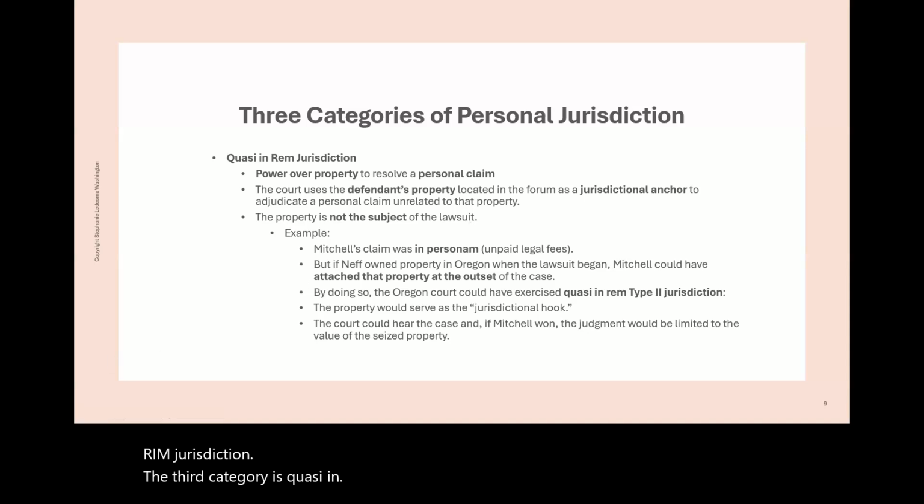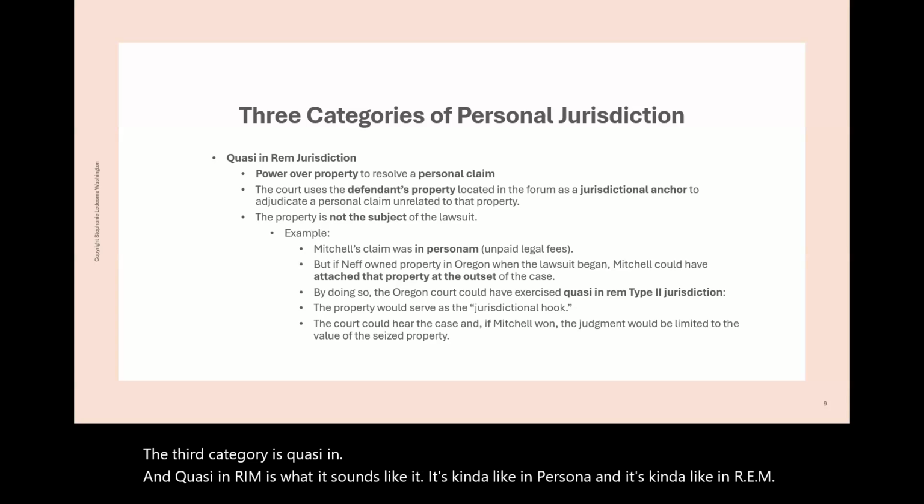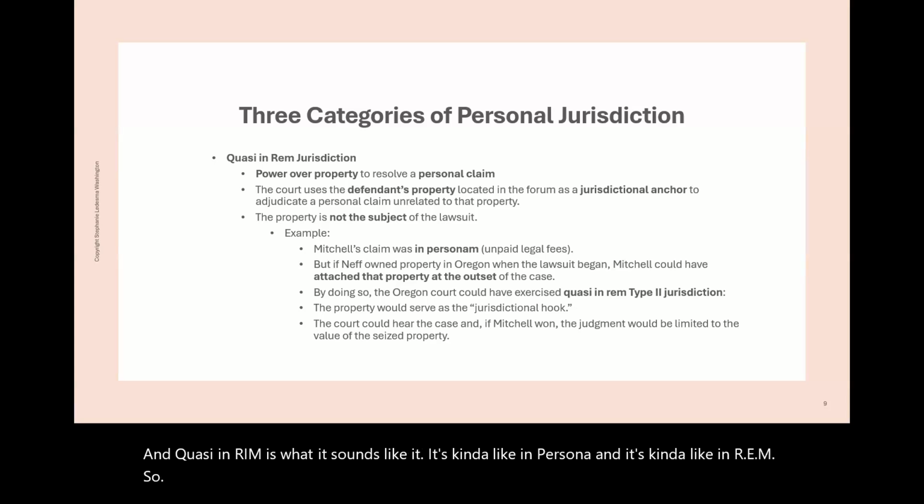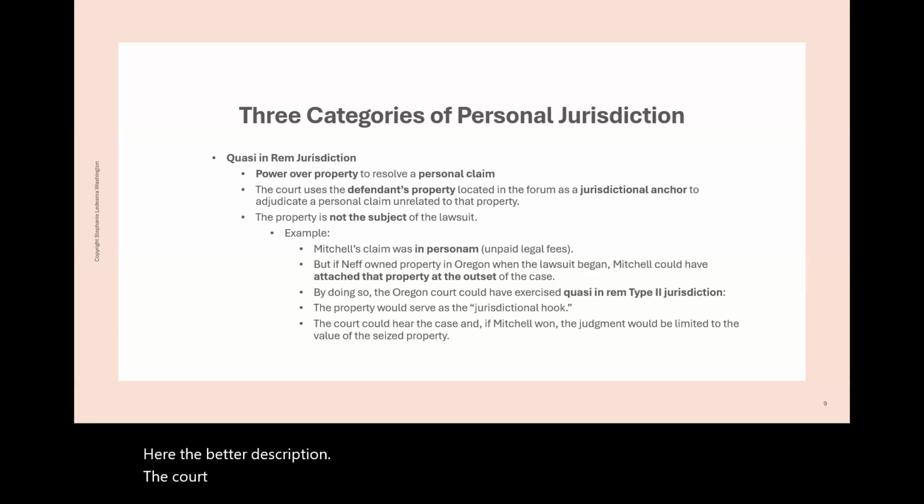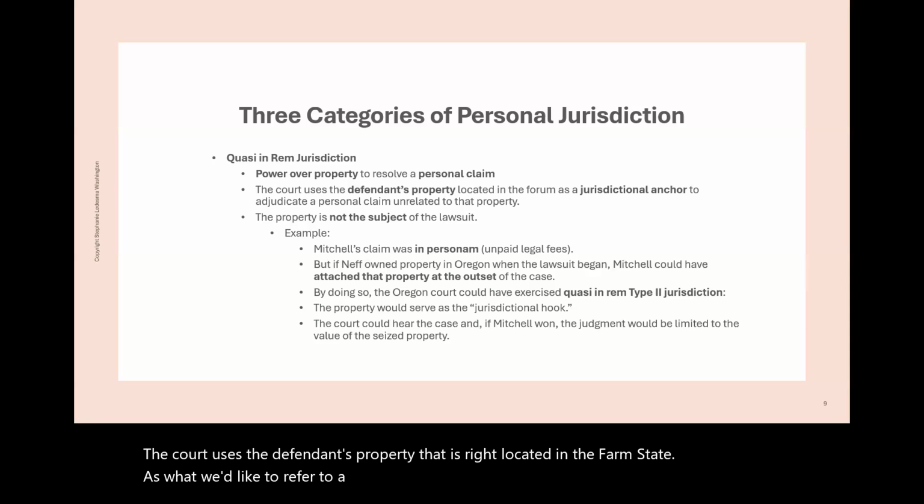The third category is quasi in rem. And quasi in rem is what it sounds like. It's kind of like in personam, and it's kind of like in rem. So here's a better description. The court uses the defendant's property, located in the forum state, as what we like to refer to as a jurisdictional anchor.